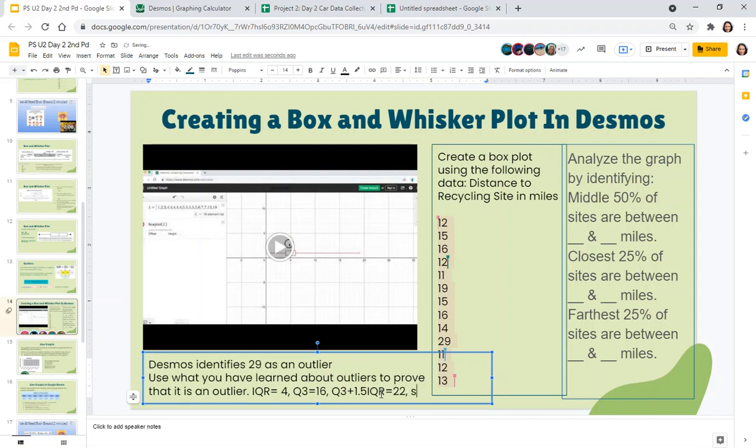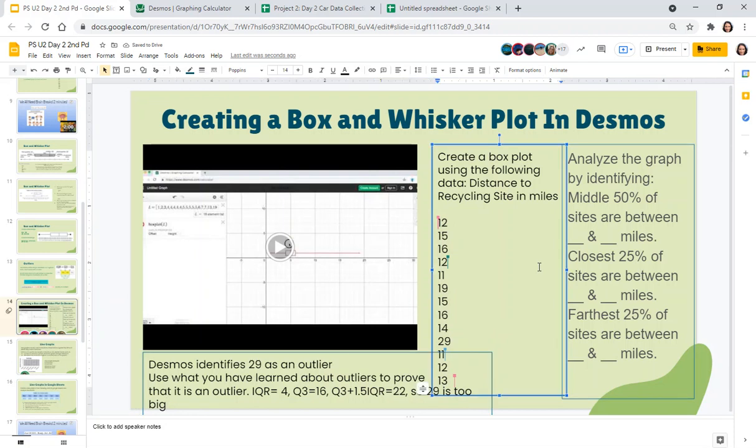So 29 is too big. Okay? All right, so now we're going to analyze the graph.